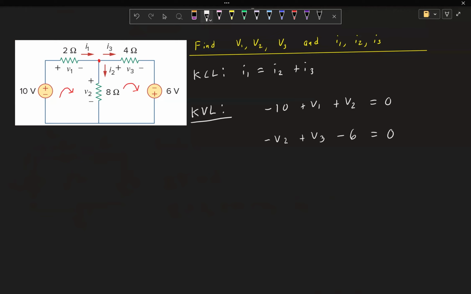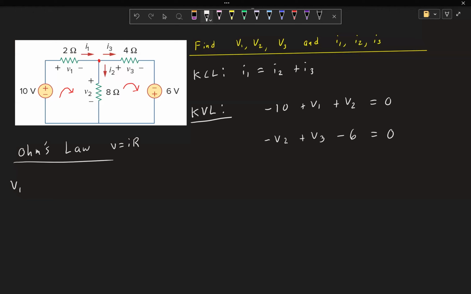So now we can apply Ohm's law. How are we going to do that? We're just going to look at each resistor individually. Ohm's law, V equals IR, right?